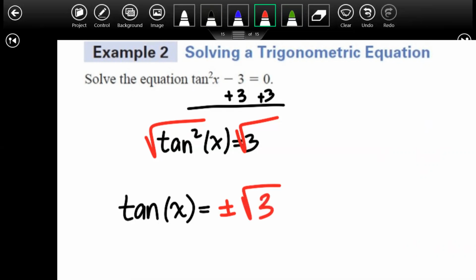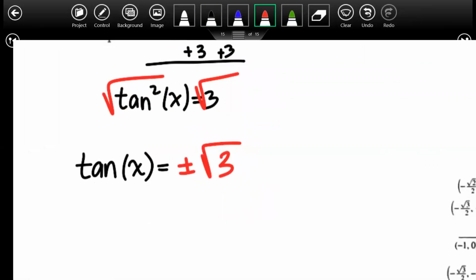Now, tangent can only exist between our intervals for our domain, so we're looking for the inputs that correspond with this. In this case, where is tangent equal to positive root 3?